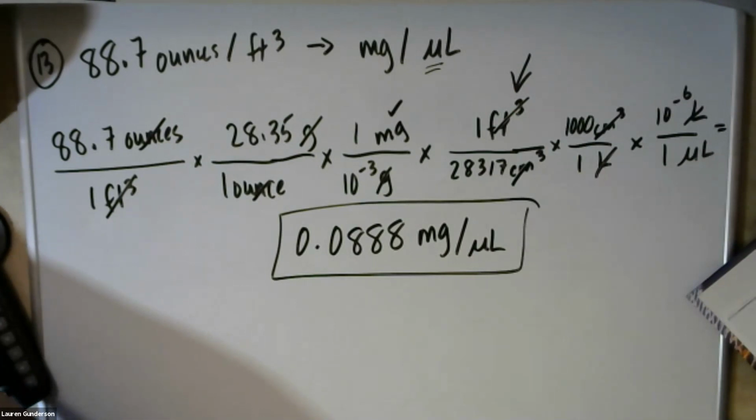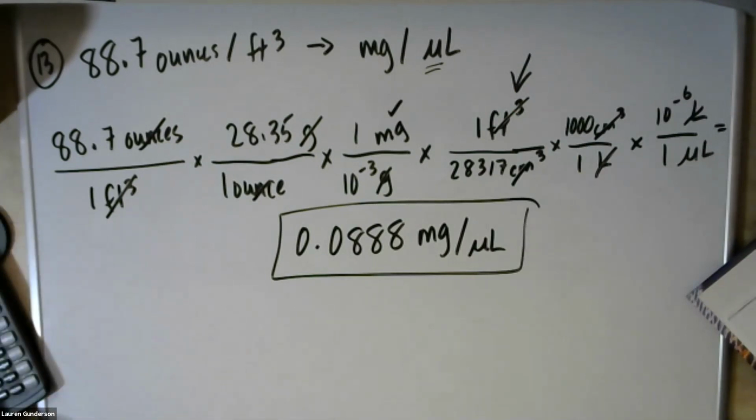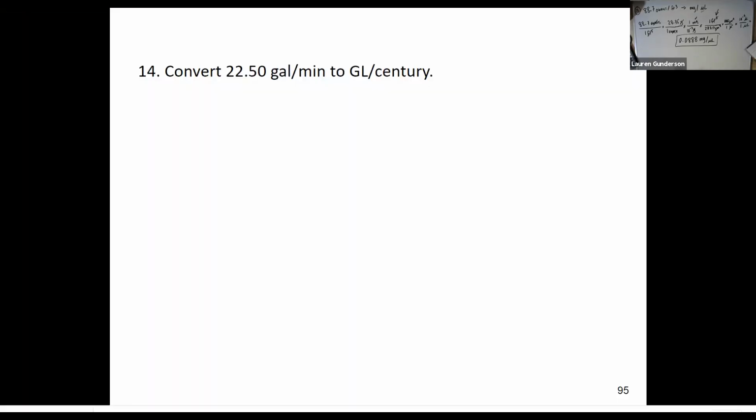Okay, I have one more example for this video. And that's going to be this conversion here. We're going to convert from 22.50 gallons per minute into gigaliters per century.